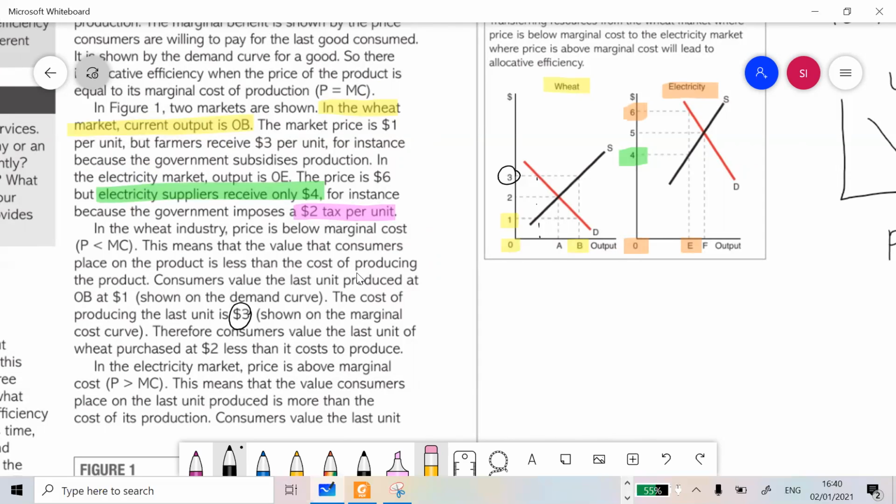When you observe these two diagrams, you can clearly see that in the wheat market, they couldn't even cover the cost of production in comparison to the electricity market. So consumers in the wheat market are paying less than the cost of production of wheat, whereas in the electricity market, the consumers are paying higher than the cost of production of electricity.